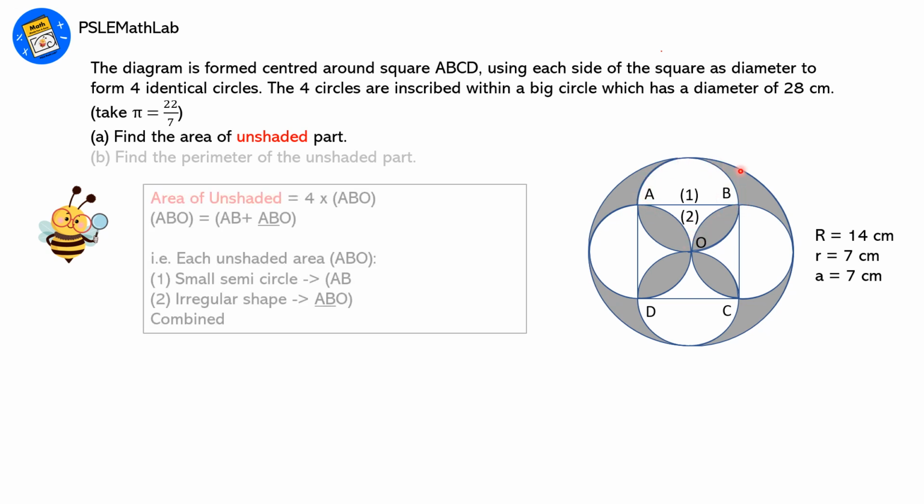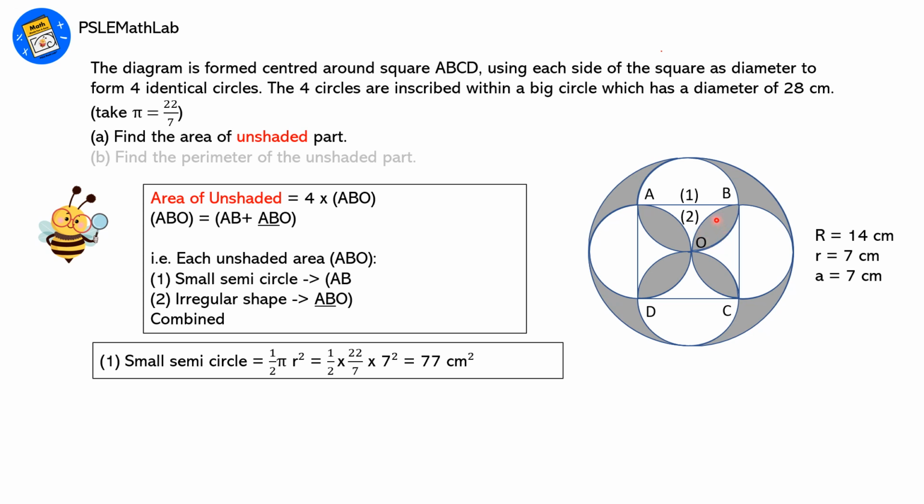Part ABO actually combines 2 parts. Part 1 is a small semicircle, and part 2 is an irregular shape formed by A, B, and O. We can calculate the area of the semicircle pretty easily, which is half of pi r squared, with r being the radius of the smaller circle. We calculate this to be 77 cm squared.